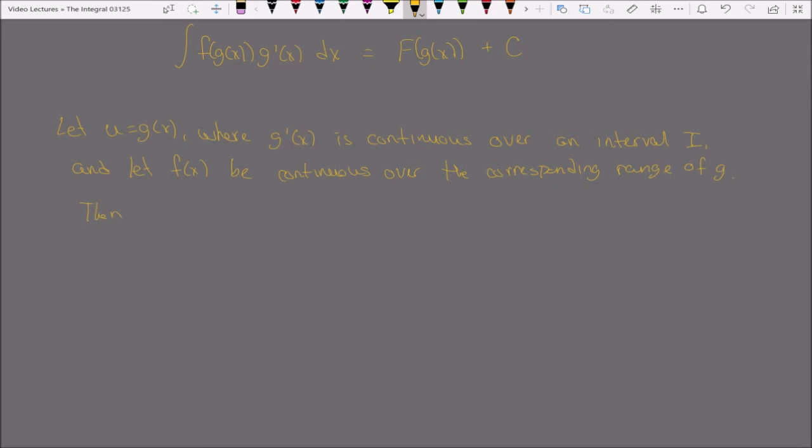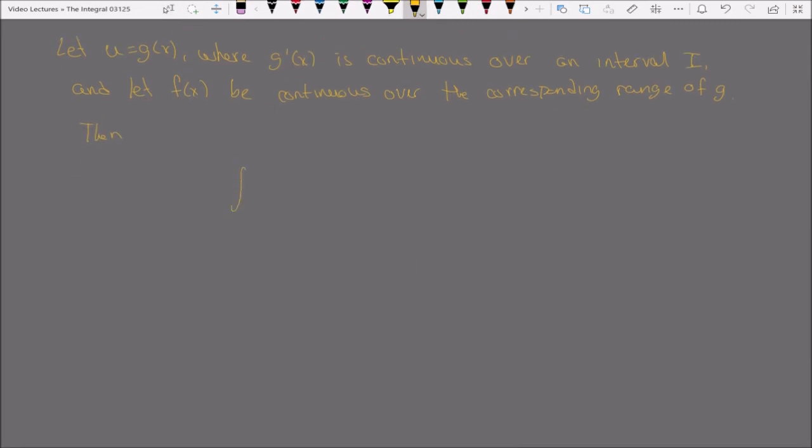Then the u sub is this. The antiderivative of f of g of x times g prime of x is the antiderivative of f of u du. So this is our technique, and then this makes the antiderivative of f of u one that we can evaluate using the techniques from the previous video.